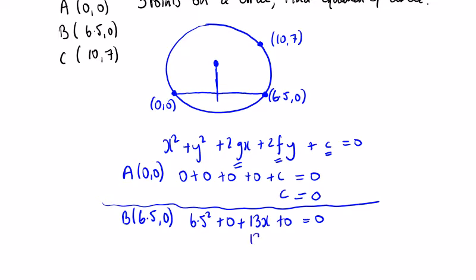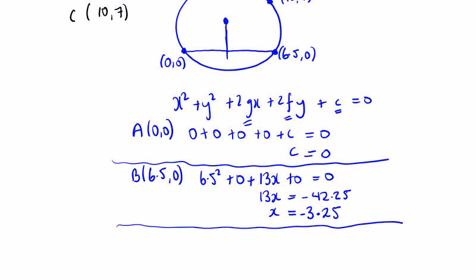So we're going to get 13g is equal to, what's 6.5 squared? It's going to be 13 over 2 squared, which will be 169 over 4, which is 42.25. So minus 42.25. Does 13 divide into that evenly? 3.25. So we have our g value.